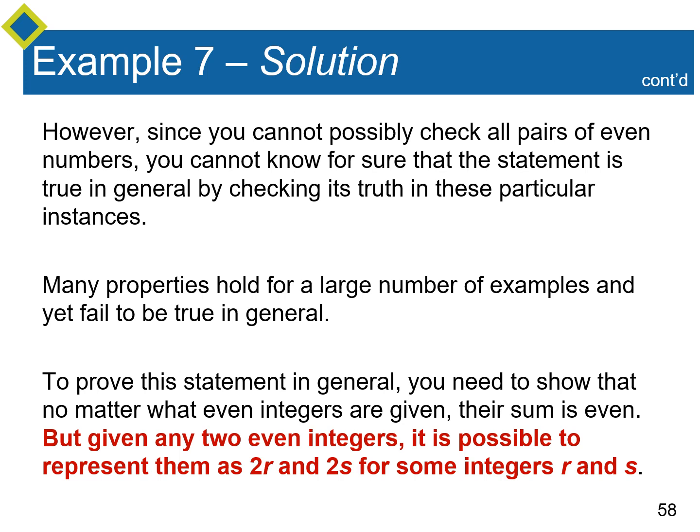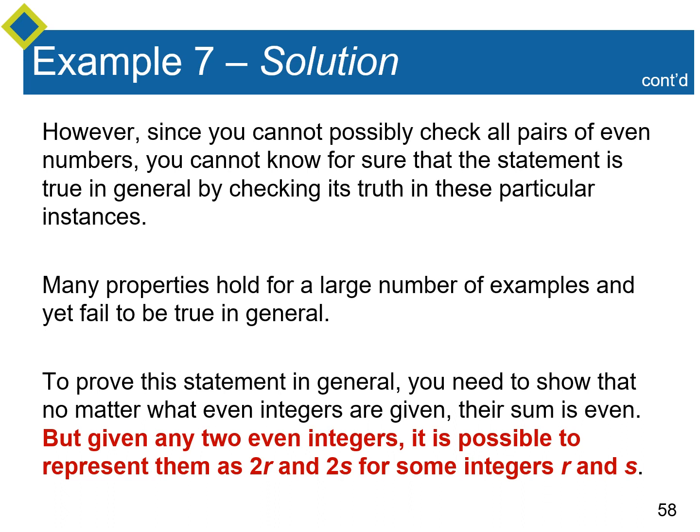However, since you cannot possibly check all pairs of even numbers, you cannot know for sure that the statement is true in general by checking it's true in particular instances. So we need not replace all, because we don't know the infinite numbers. Many properties hold for a large number of examples and yet fail to be true in general. So to prove this statement in general, you need to show that no matter what even integers are given, their sum is even.